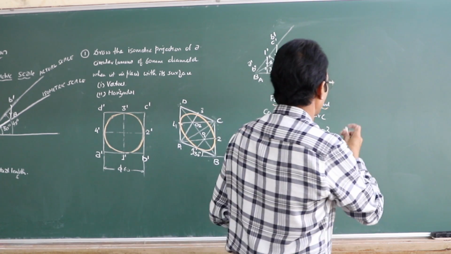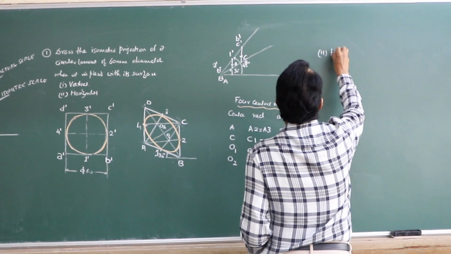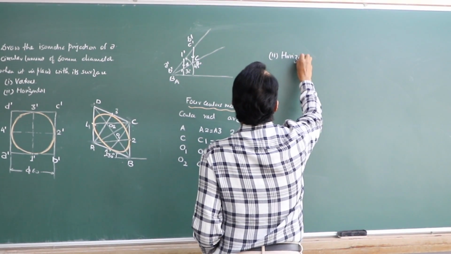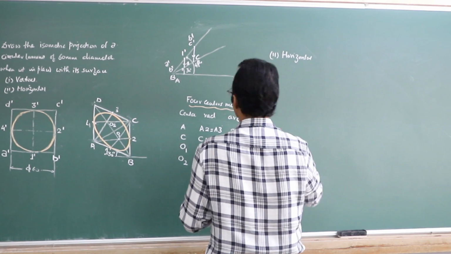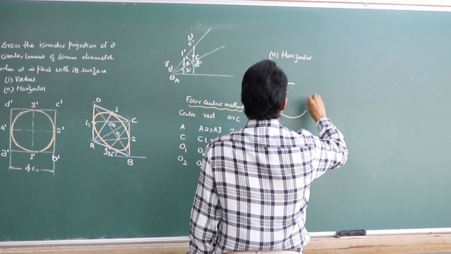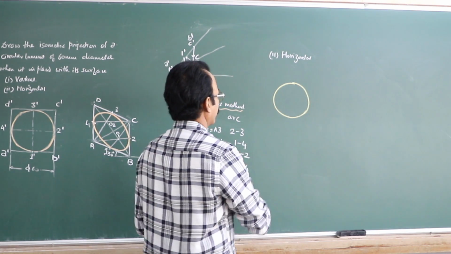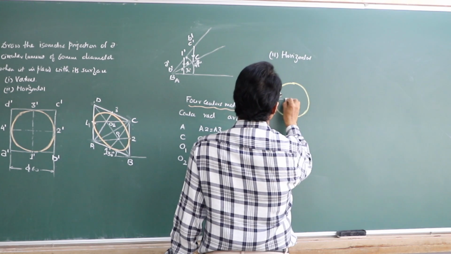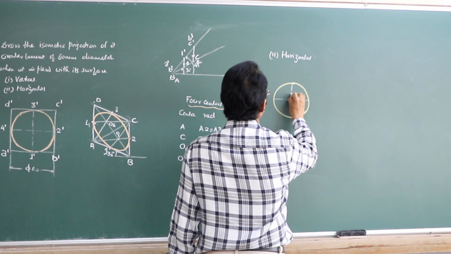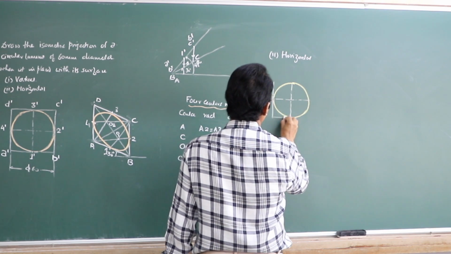So first draw the top view there. Draw a circle of 60 mm diameter. Then you draw its horizontal dia, as usual vertical dia, and enclose this in a box.